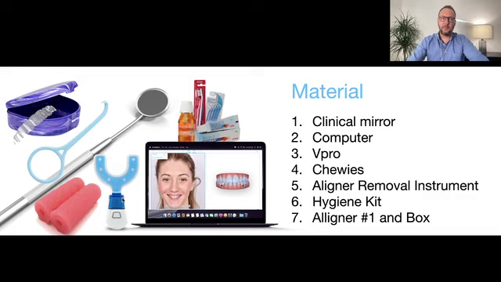I include in all my treatments the chewies, these very soft plastic, sometimes silicone tubes for them to bite, to help keep the aligners well seated, and also the high frequency vibration device, which we're going to discuss briefly in webinar number 4, to improve predictability. I also like to give them an aligner remover.